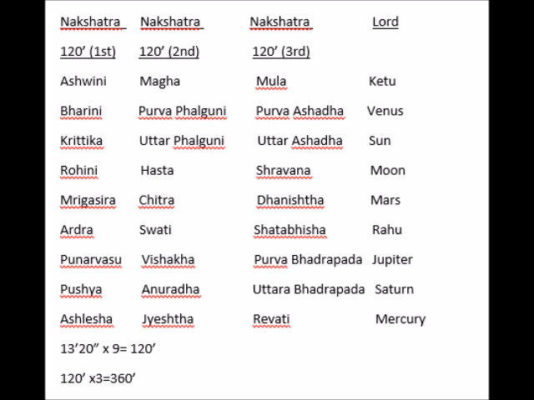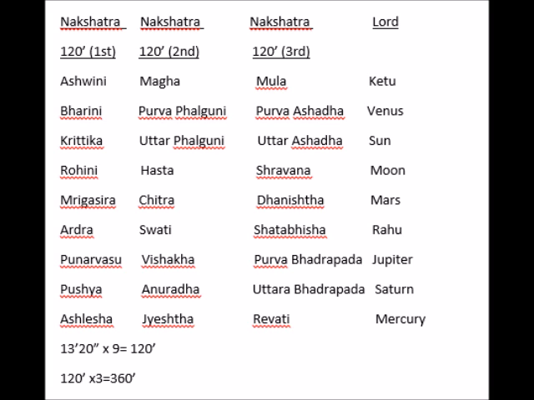Ashwini and Bharani will be in the first zodiac sign of Aries, and then it moves to Rohini, which will have a part of its distance of 13 degrees and 20 minutes in Aries, and then jump to the next zodiac sign of Taurus. It keeps moving until these 9 nakshatras, which cover the first 120 degrees, reach Ashlesha, where the 4 zodiac signs end.